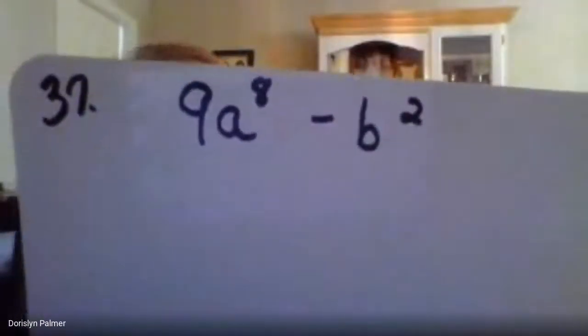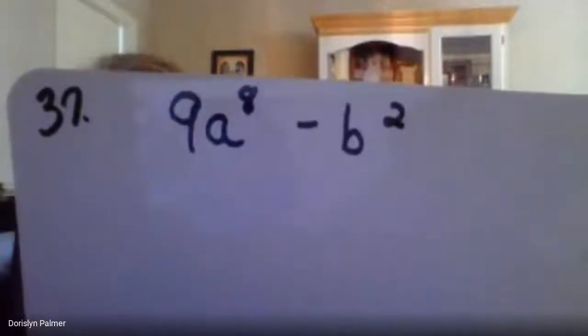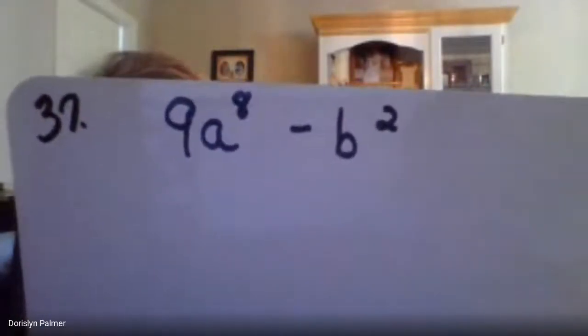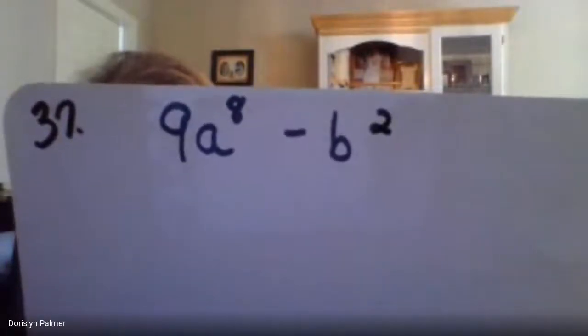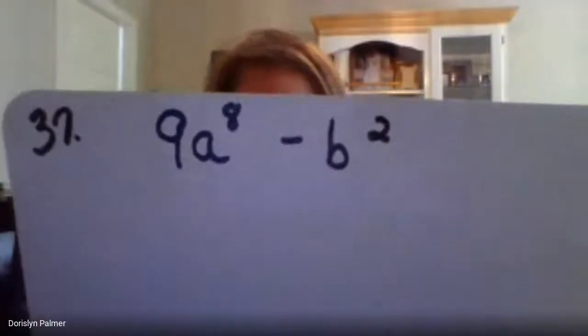Good, Karen. 9a to the 8th minus b squared. That's one of Mrs. Palmer's favorites where the inners and the outers canceled. The one thing I really like that Karen remembered to do was add her exponents there and not say 9a to the 16th. So 9a to the 8th minus b squared.